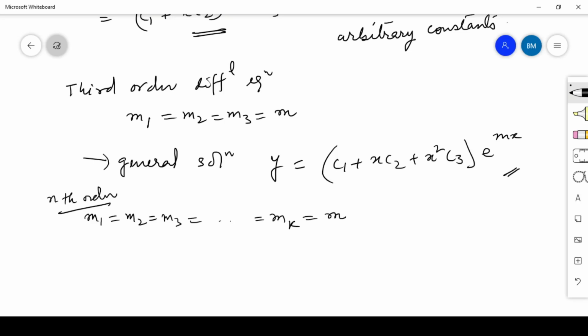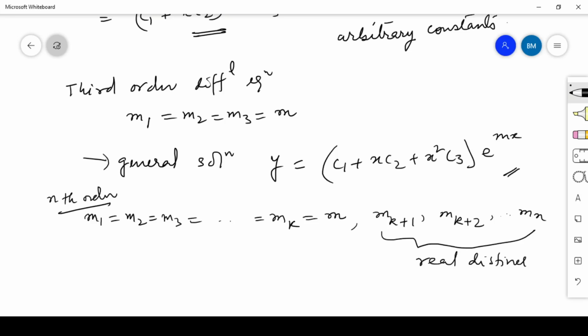And the remaining roots are m k plus 1, m k plus 2, up to m n. All these are real and distinct.